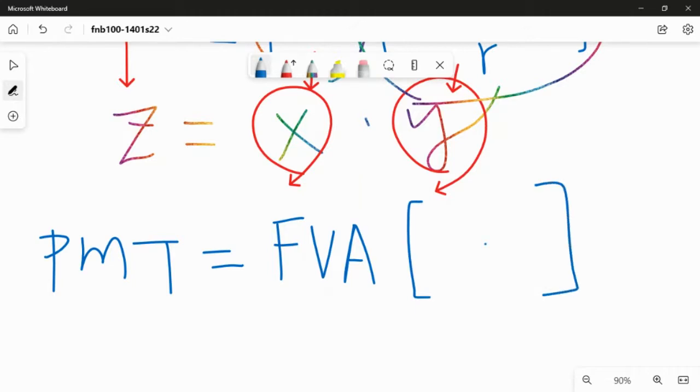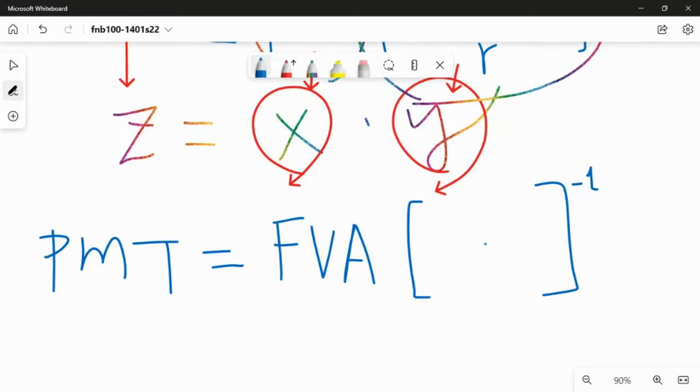And when you divide by something, it's the same as multiplying by the reciprocal, and raising something to a negative power gives the reciprocal.